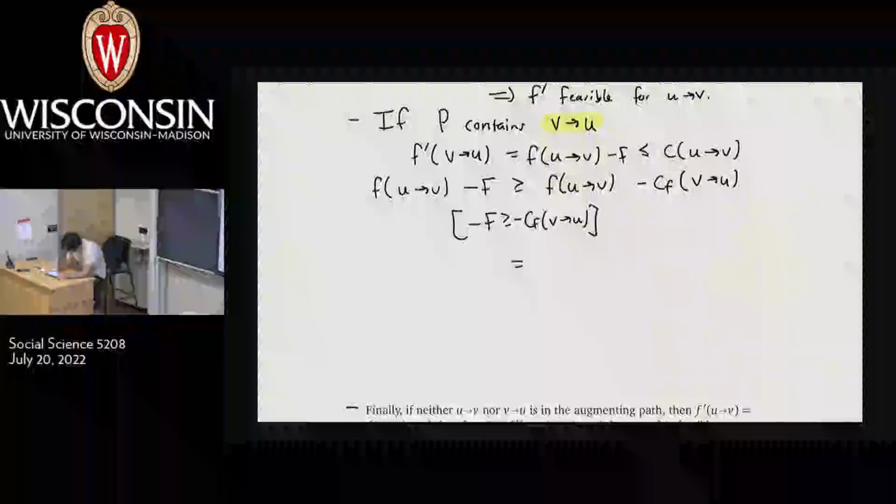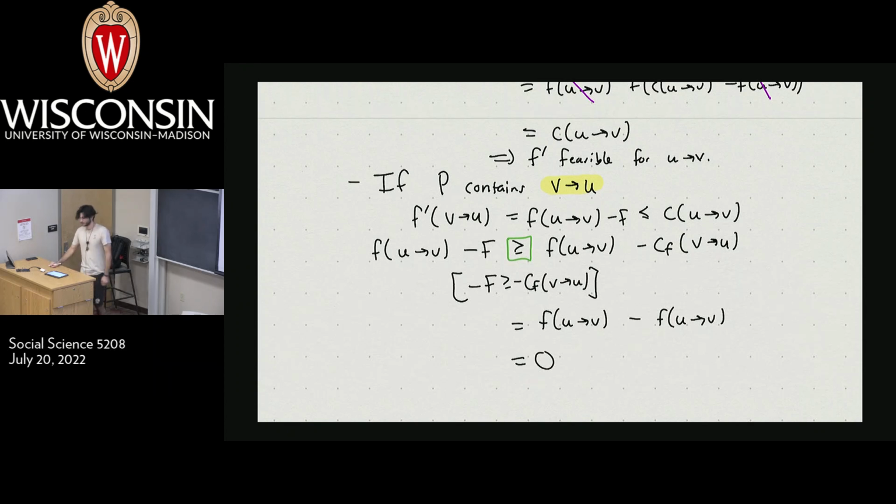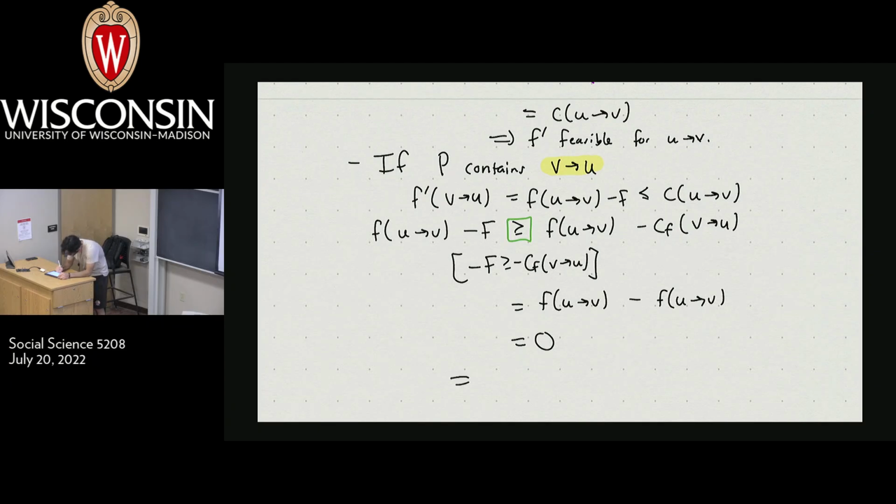And so this is just equal to f of u to v minus f of u to v, which is equal to 0. Okay? So we know f prime is at most c, the capacity, and we know it's at least 0, and so again, f prime is feasible for this specific edge, v to u.